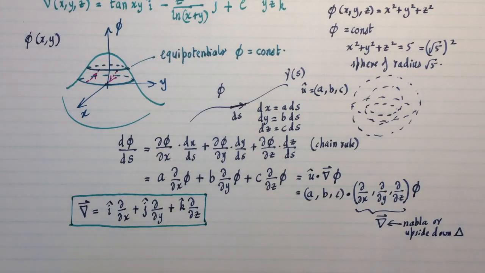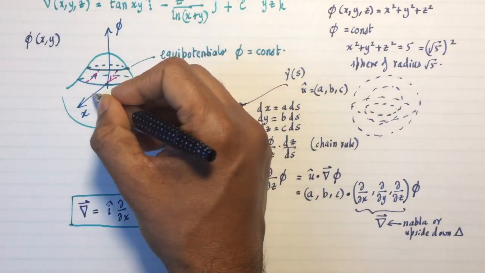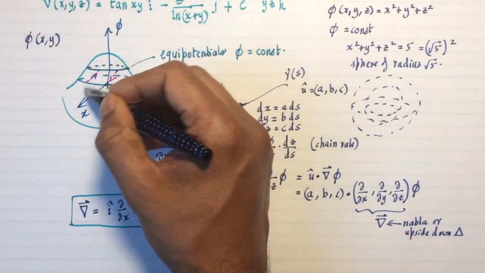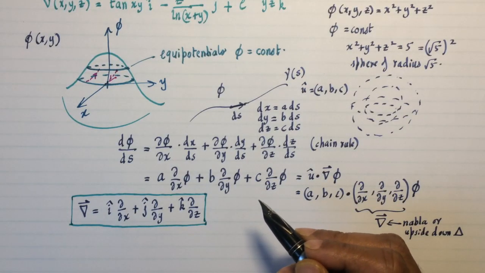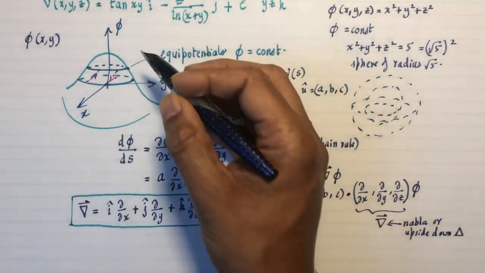They actually tell you the direction of steepest ascent or descent along equipotentials. So that's one of the amazing things about the gradient vector. If I go from here to here, how do I go as quickly as possible? Now you all know when you're hiking, the quickest way to descend the hill that you have hiked is to simply tumble down.